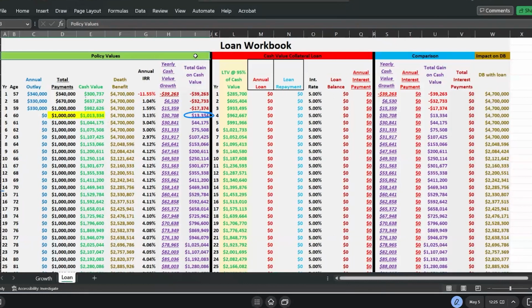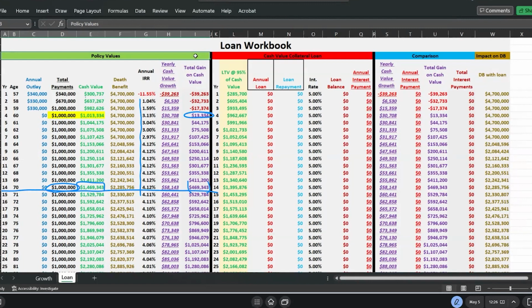So if we look at this at age 70, their total payments are still $1 million. Cash value is $1,469,000, which gives you a gain of $469 and change when we look at it. So the annual IRR shows the net growth rate this policy is growing by every year.